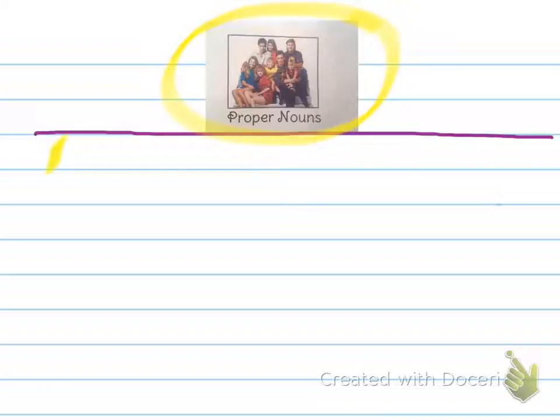Oh, let me use the right tool. Let's erase that real quick. Here we go. So a proper noun is a specific person, place, or thing.